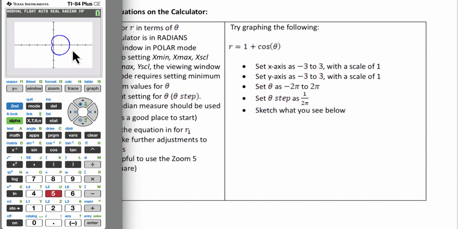We can see that it is symmetric about the polar axis. So we could talk about symmetry a little bit if we wanted to. Again, in this class, we're going to focus on technology as opposed to using symmetry in detail. And in the next video, we'll focus a little more on what the equations of cardioids look like more generically, and we'll do some more graphing.